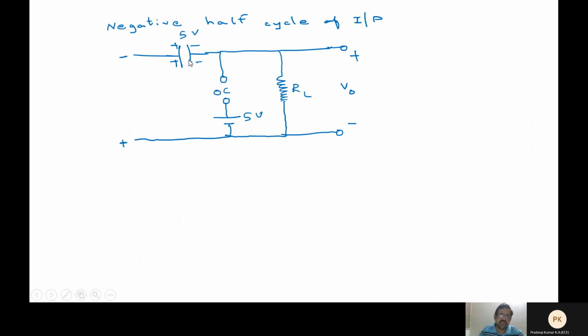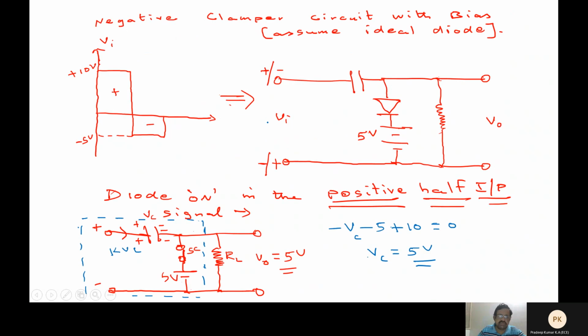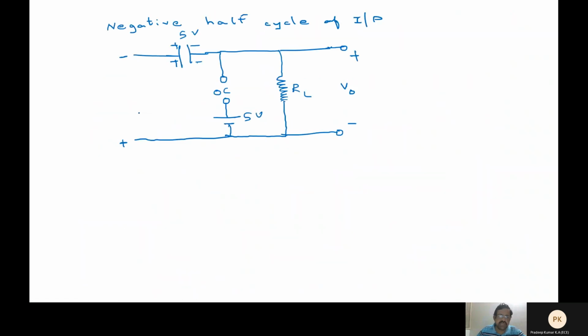So this is 5 volt, and in the negative half cycle, it's always better to look at the waveform. This is minus 5 volt, but we should only be concerned with the magnitude, because this plus minus we will be able to find when we apply the KVL clockwise.